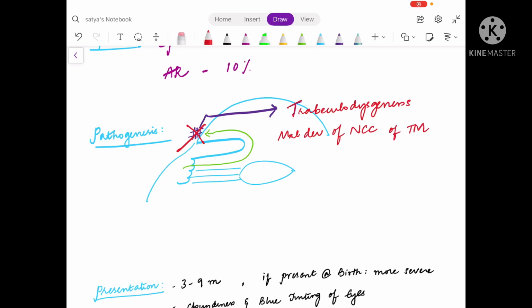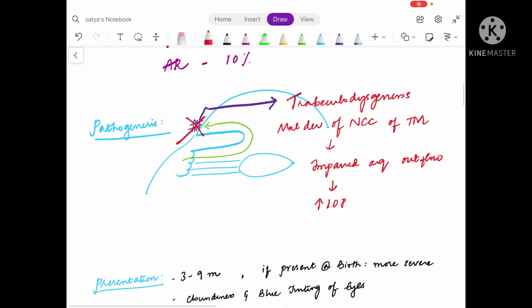These are defective and the angle is not developed properly, due to which the drainage doesn't occur properly and there is impaired aqueous outflow, which will lead to an obvious increase in intraocular pressure. Here make a note that the iris may be flatly inserted, that is there could be a flat iris insertion or a concave iris insertion.